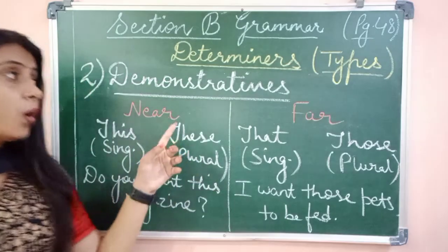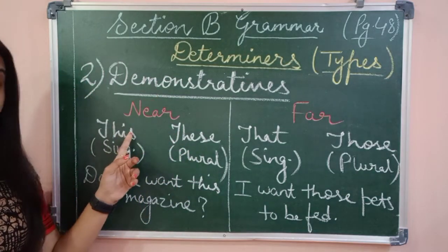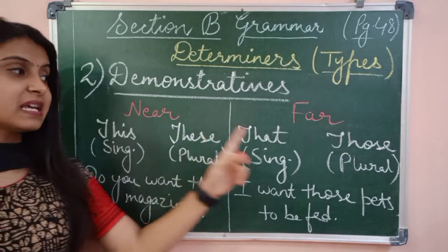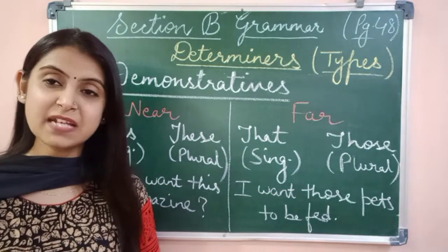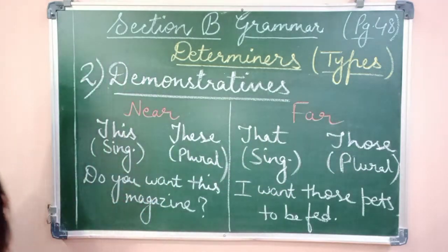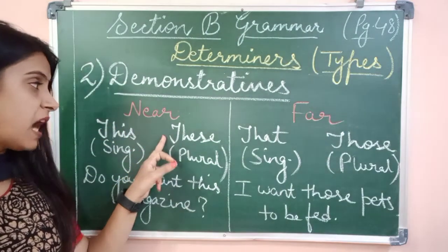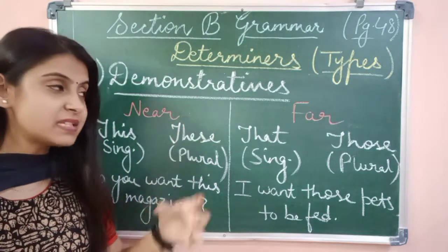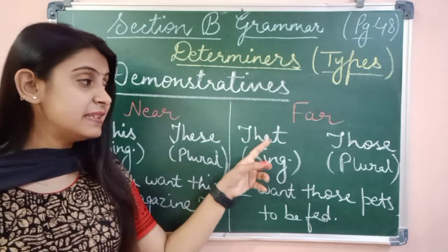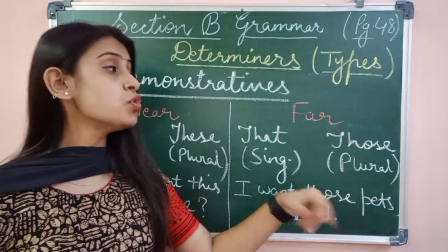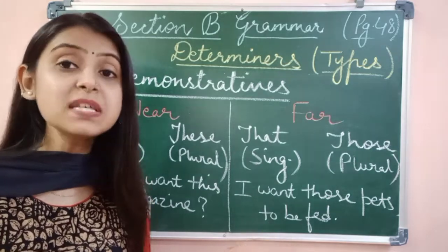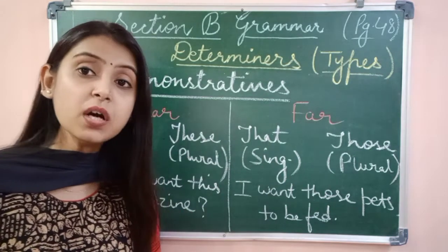There are four demonstratives that we generally use: this, these, that, and those. This and these are used before nouns that are near to the speaker, and that and those are used to point out nouns that are far away from the speaker.